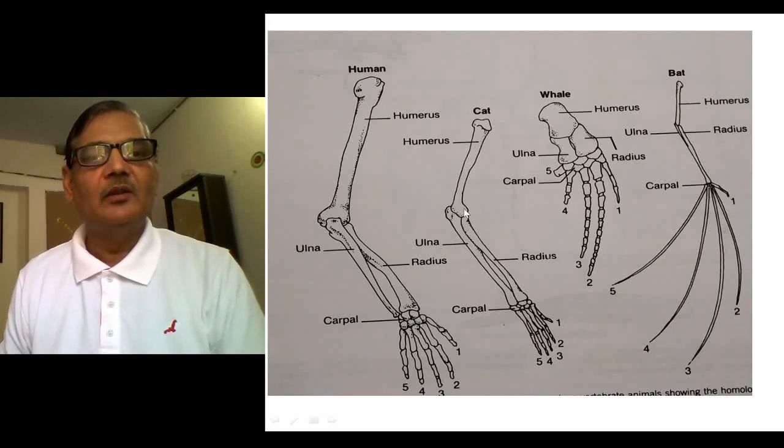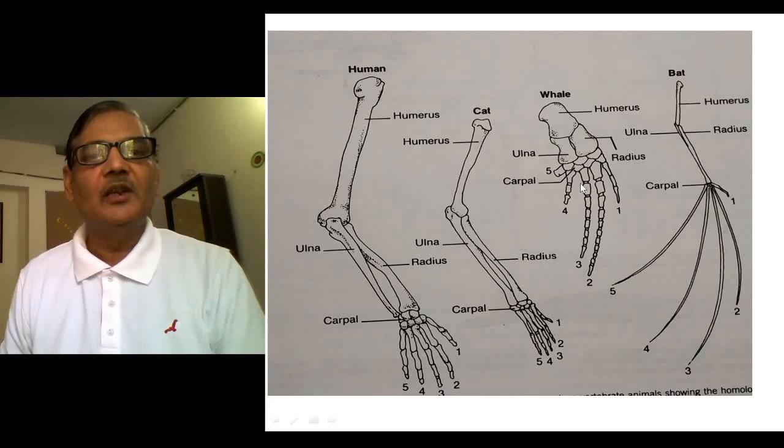But a cat uses its forelimbs and hind limbs, both limbs, for running, means she is well adapted for cursorial mode of life. She can even climb certain buildings or structures; they are capable of jumping and climbing.